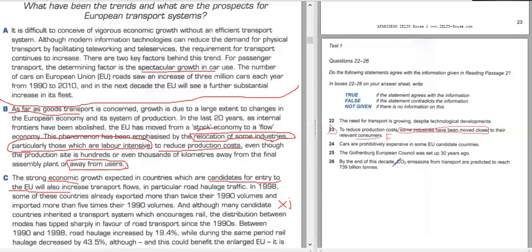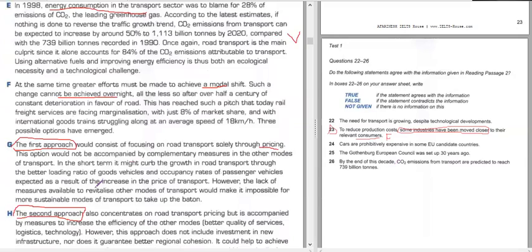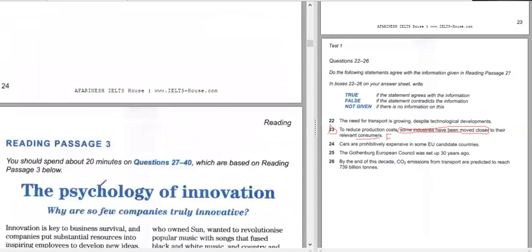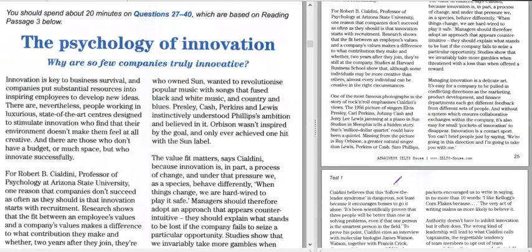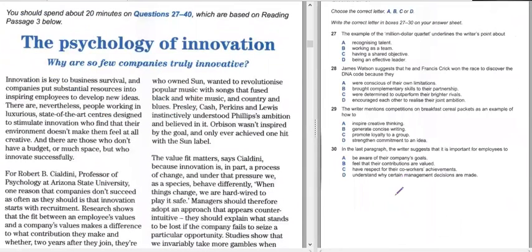So next is in passage 3, question 29. The writer mentions competitions on breakfast cereal packets as an example of how to inspire, generate, promote, strengthen.